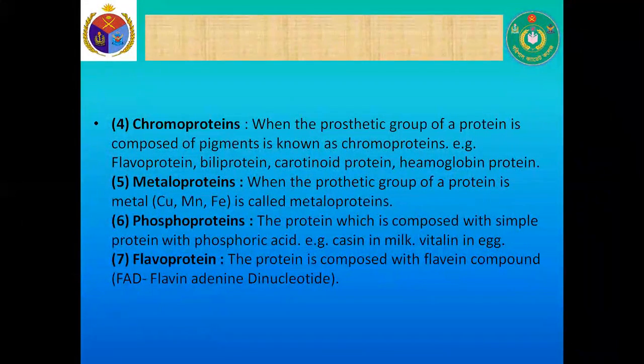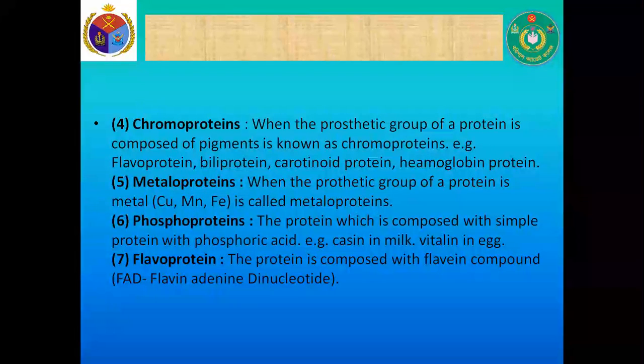When the prosthetic group of a protein is composed of pigments, it is known as chromoprotein, like flavoprotein, bilirubin, carotenoid protein, hemoglobin protein, etc. Now, metalloprotein. When the prosthetic group of a protein is metal, like copper, manganese, iron, it is called metalloprotein.